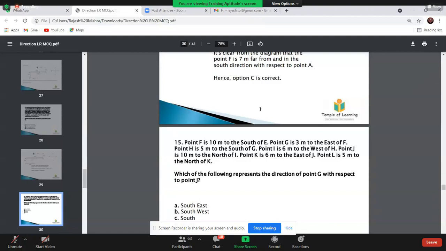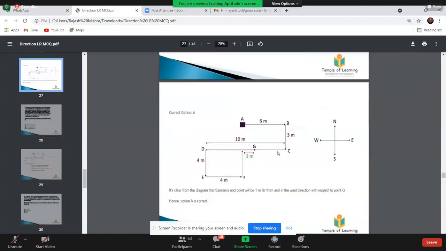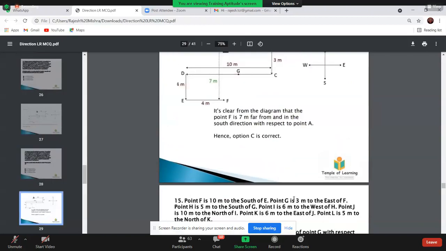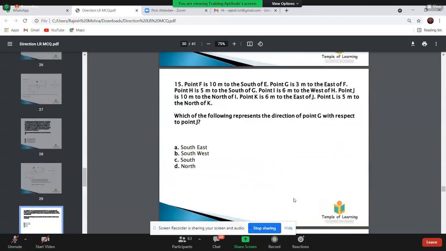What was the answer in 13? They had written it wrong, it will be B. And in this one it will be A. Sir, southeast. Okay. I'm waiting for others to respond.